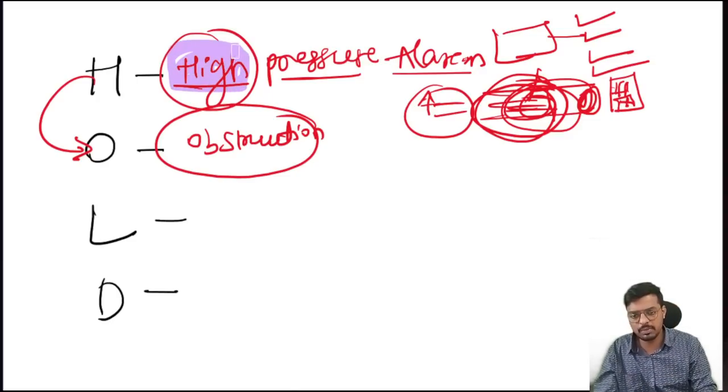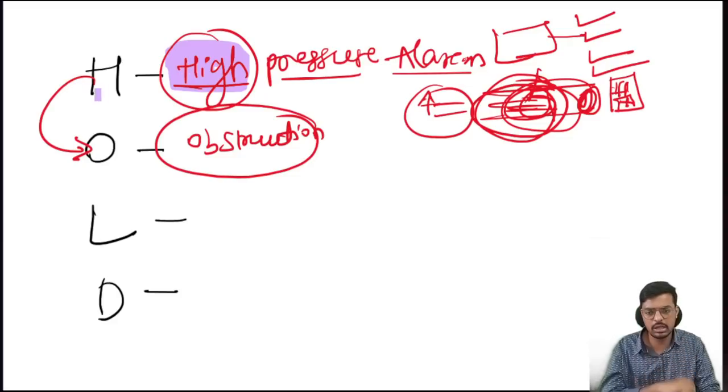So whenever the high pressure alarm delivers, what do we have to assess? We have to assess for kinking of the tube, biting of the tube, and obstruction in the tube. These are the things we have to assess in the high pressure alarm.